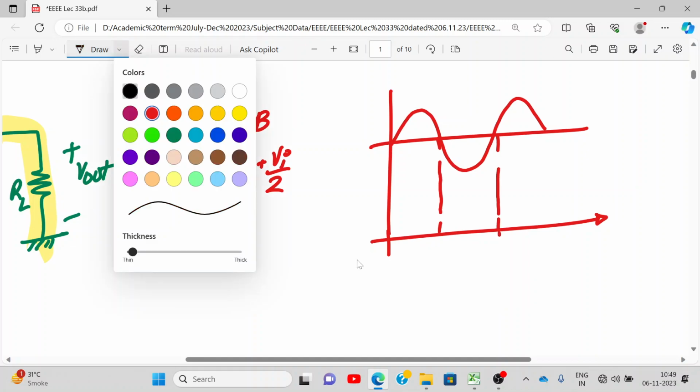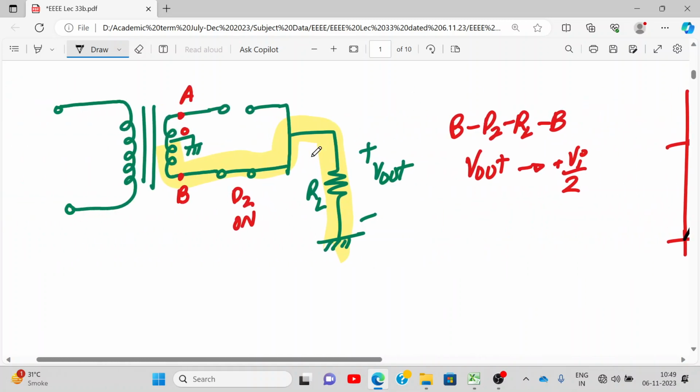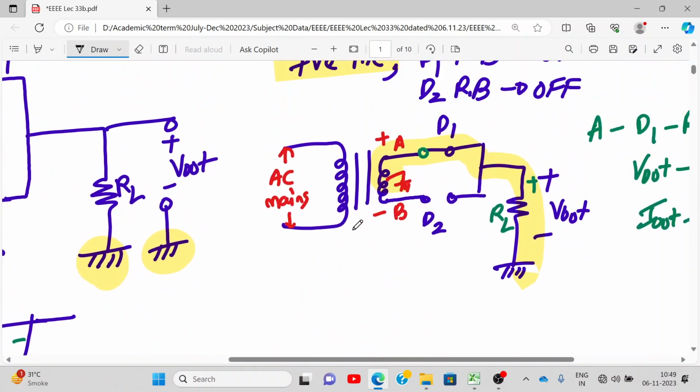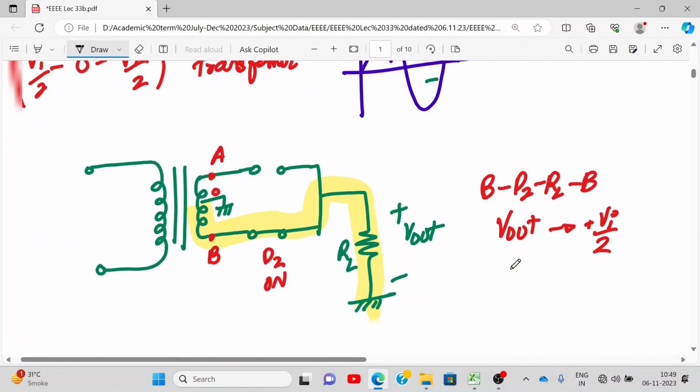Can you tell me? So in first case, diode D1 is on. In second case, diode D2 is on. But again, the output is positive. Why positive? As you can see, the current flows from positive to negative over here, even when D2 is on. And in the first case also, current was flowing from positive to negative. So if the current is positive, your voltage will be positive because voltage is I out into RL.